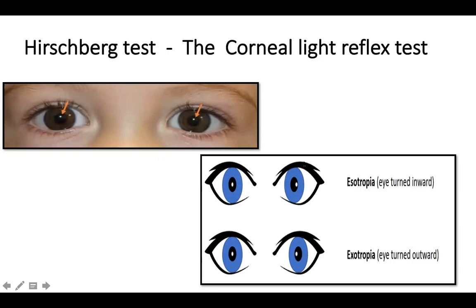So if there is an esotropia, your light rays fall close to the lateral aspect of the pupils, and if there is an exo deviation, your light rays fall more to the medial border of your pupils. So this is a very simple and very sensitive test, easy to pick up esotropia or exotropia, but a child needs to cooperate for this.